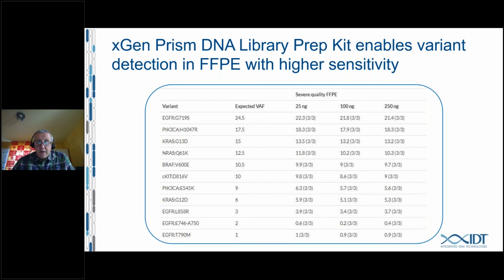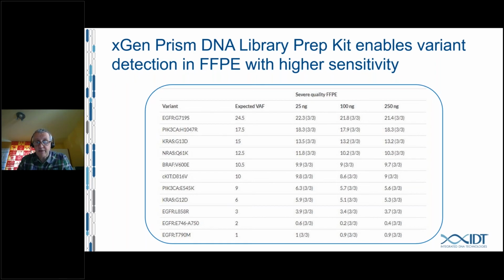Then after the capture, we were looking at clinically relevant variants that were present in those reference materials to see if we can find them back, and if we can find them back at the expected allele frequency. And this is clearly the case in all 3 replicates. We can find those relevant mutations, and those are at an expected allele frequency of 1 to 24.